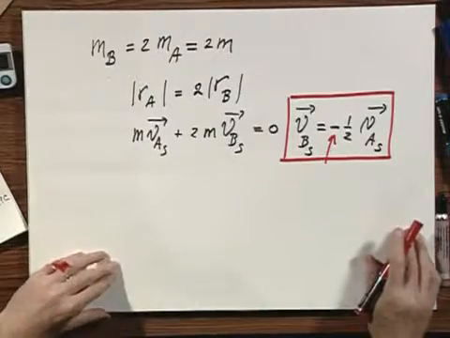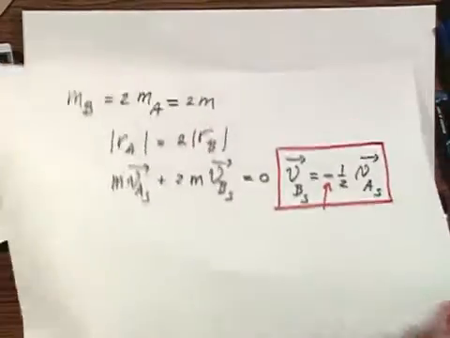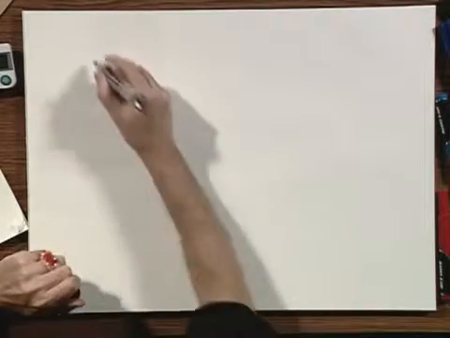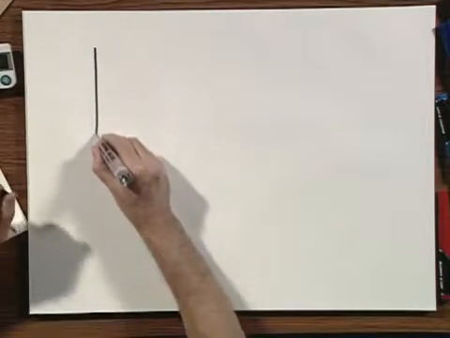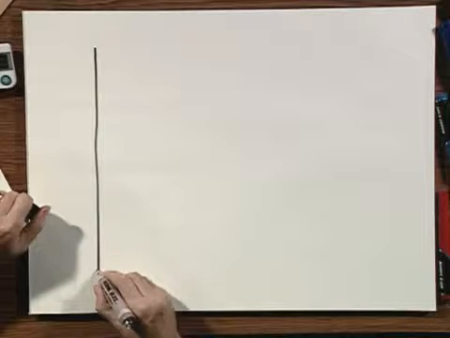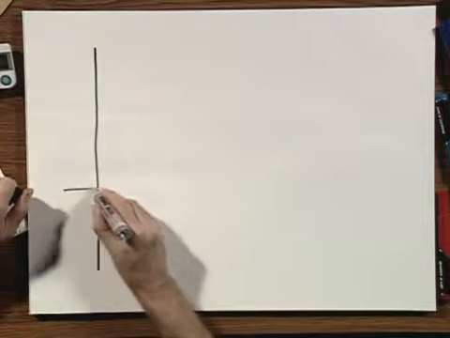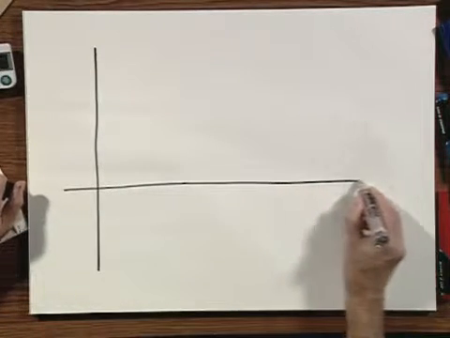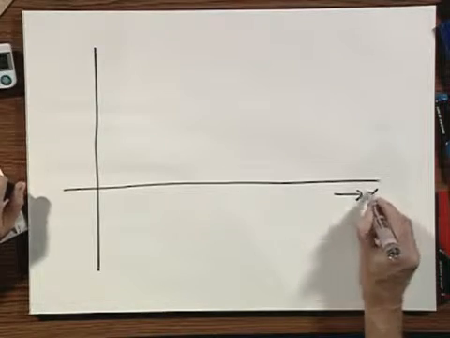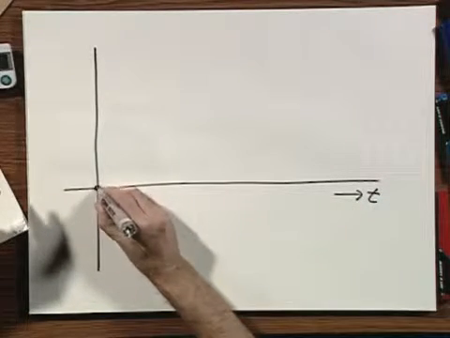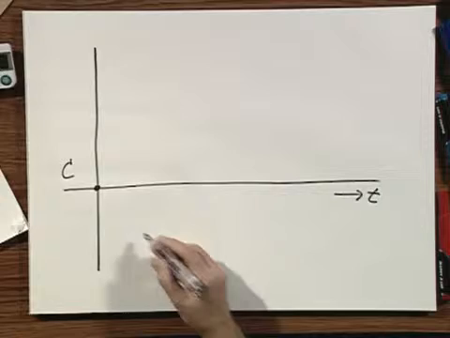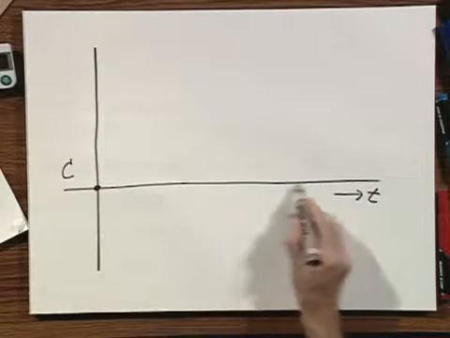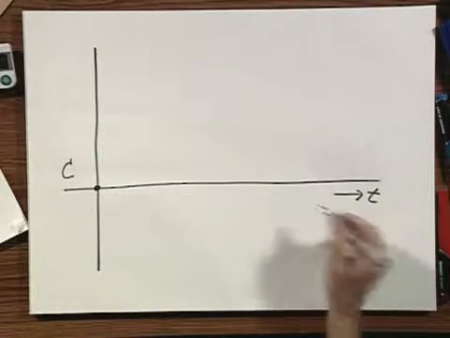Now I'm going to make a plot of the positions of A, B, and C as a function of time. Not as a function of x, as you have seen in your book, but I'm going to do it as a function of time. It's almost the same when you think of it. So this is C. The center of mass will always stay at the same position as a function of time.